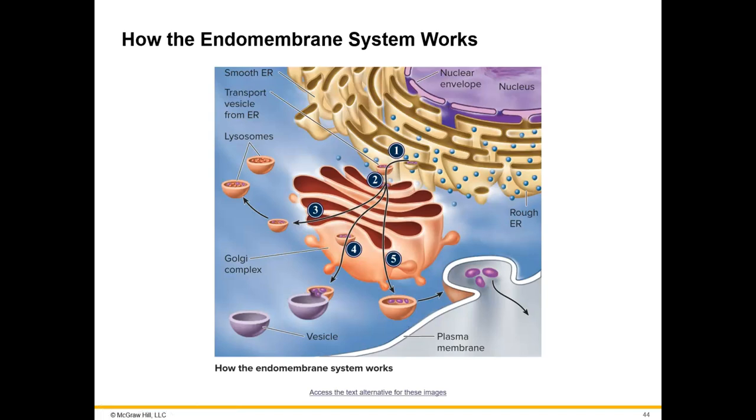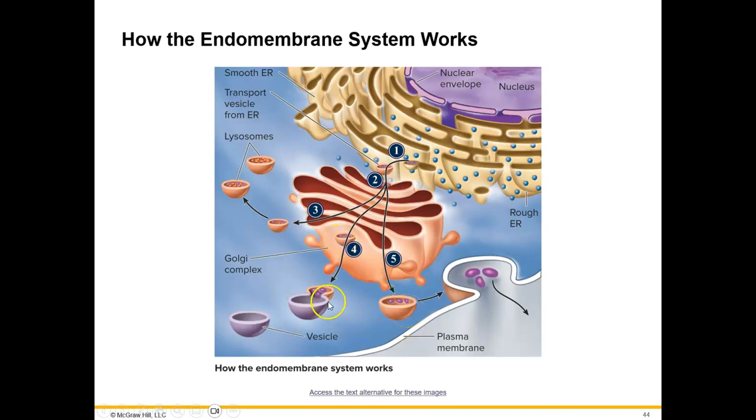So here you can see that process happening. We go from the rough ER through this transport vesicle from the ER, and we will come to the Golgi complex. We can leave as lysosomes, which are going to be useful for breaking down worn out parts of the cell or different kinds of food. These vesicles could also leave and end up going outside of the cell, just like what we see happening here.